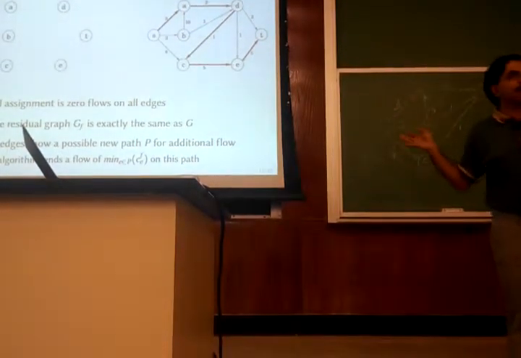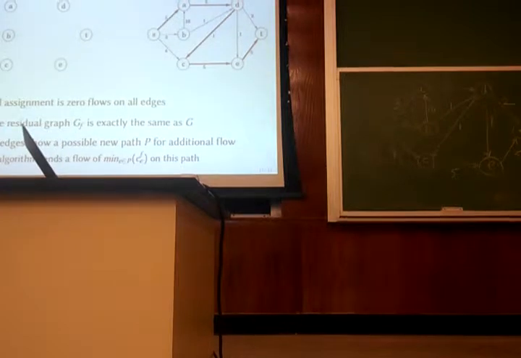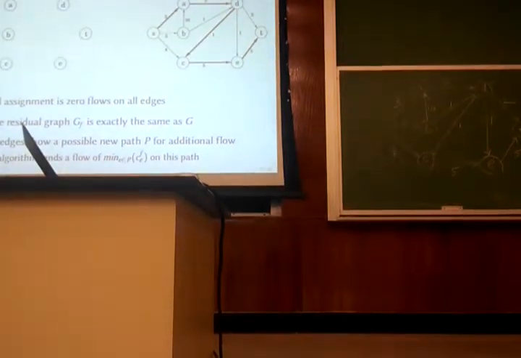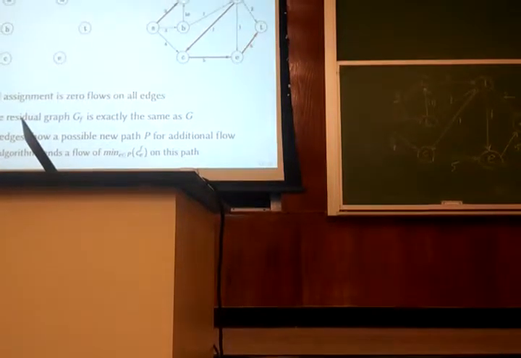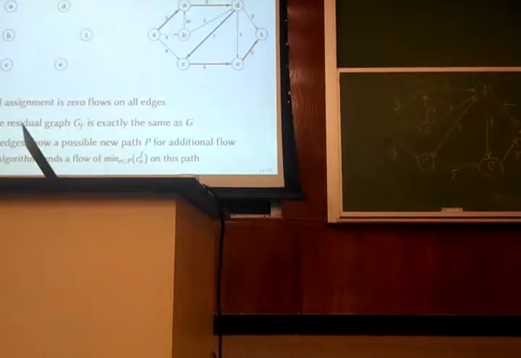We know how to find a path in a graph, right? So we want to find a path from S to T. We'll find the path, find the minimum capacity of edges along the path, and then send that flow through that path.